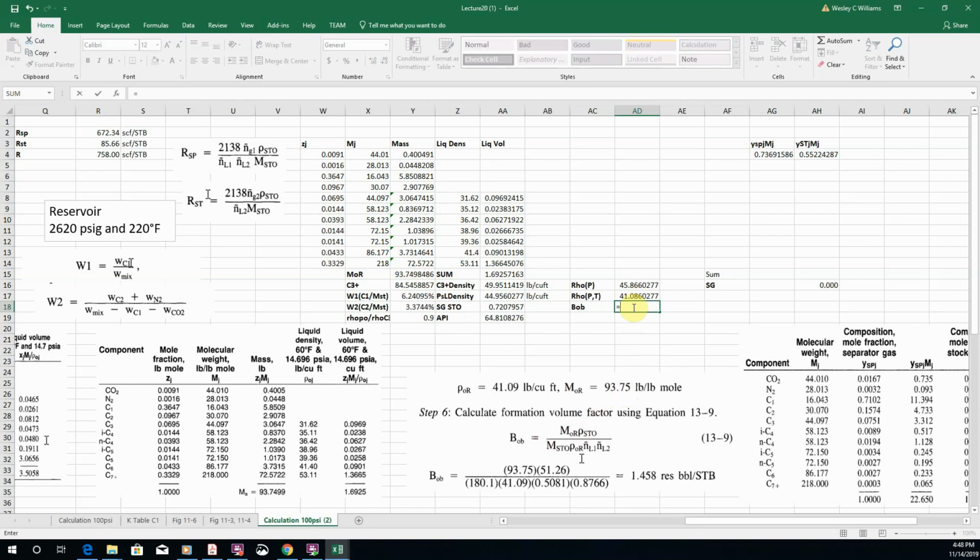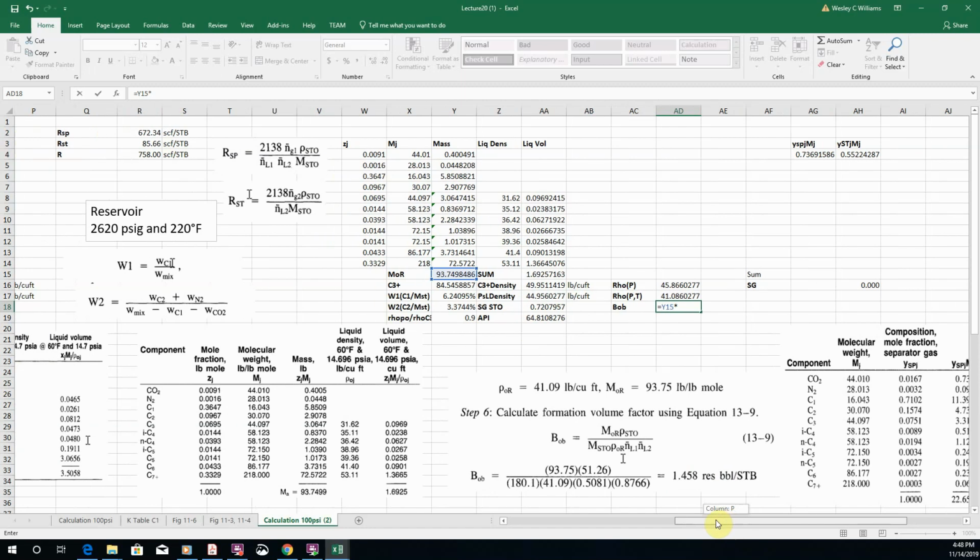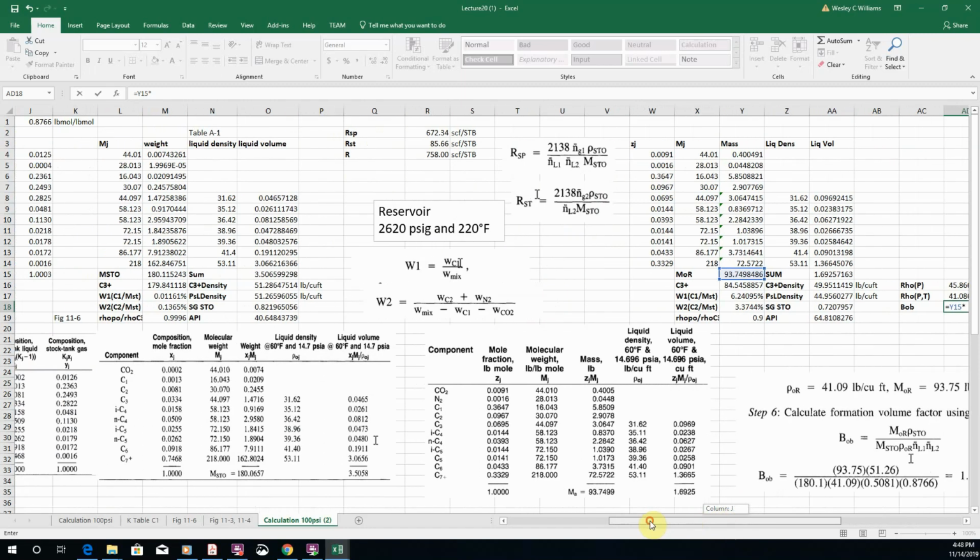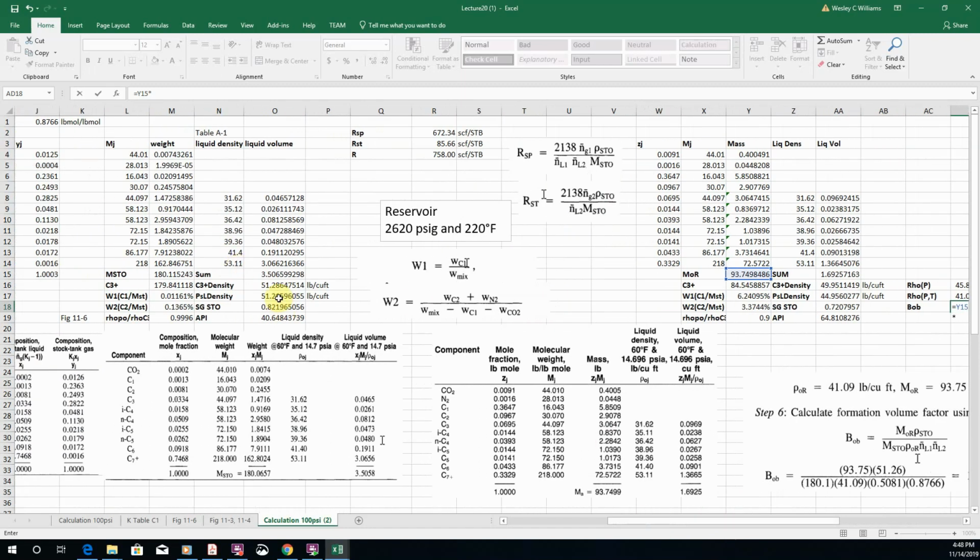That's going to equal this number times our stock tank density. So we've got to be careful here. Stock tank density is not this value. It's actually this value that is our stock tank density.